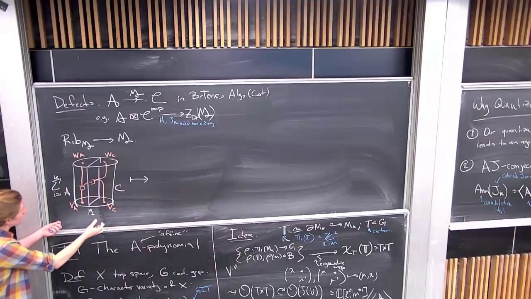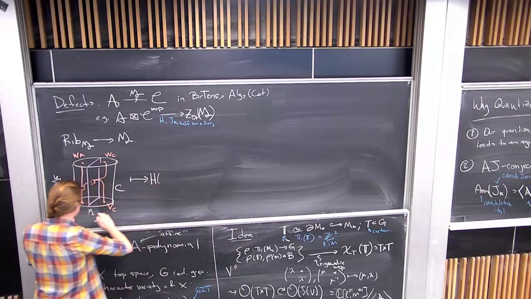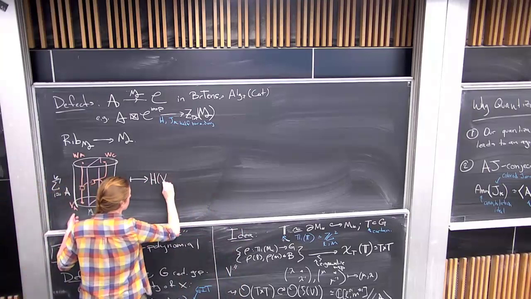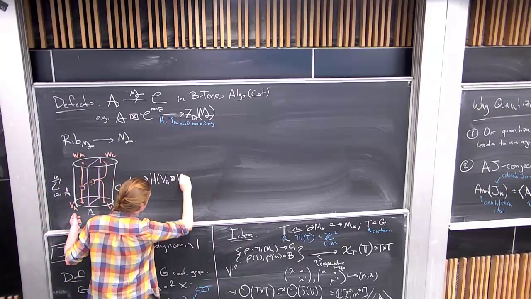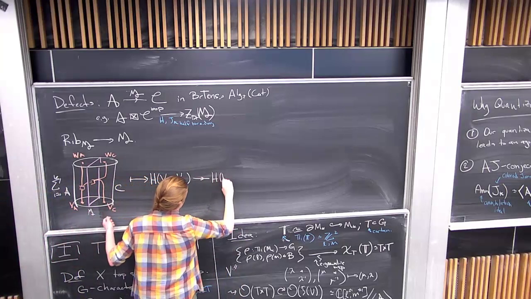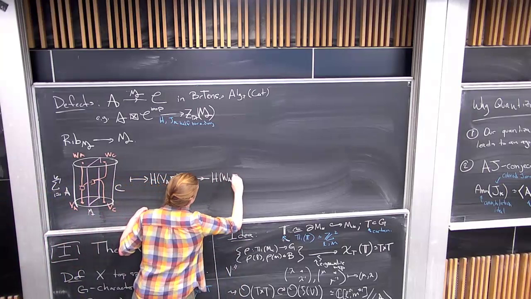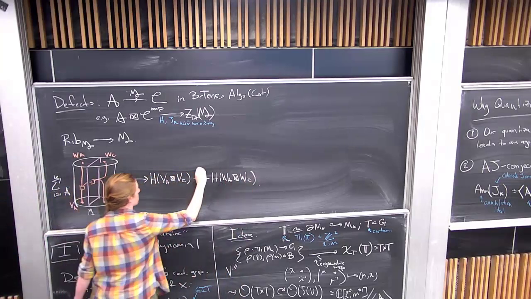And what it's going to do now is I'm going to send it from the tensor product A, C, H, A. Some morphism like that.